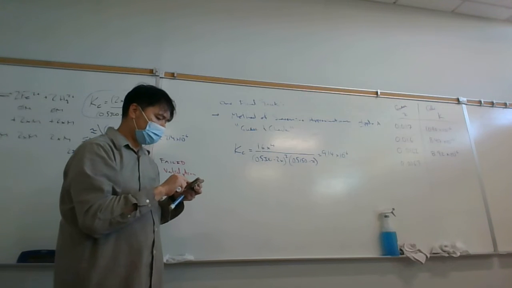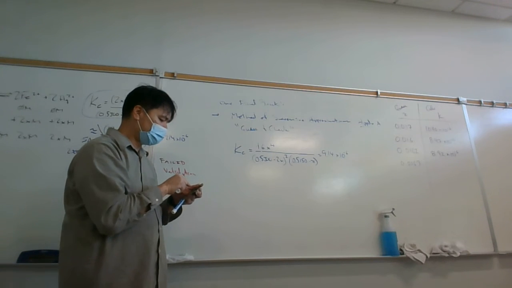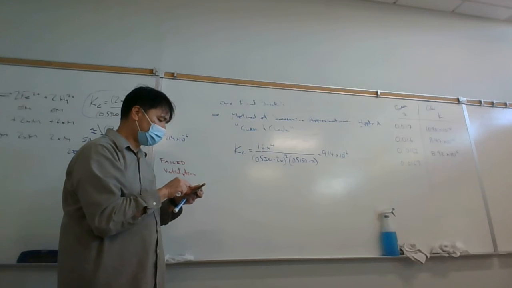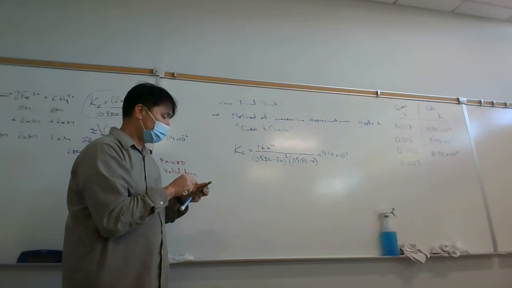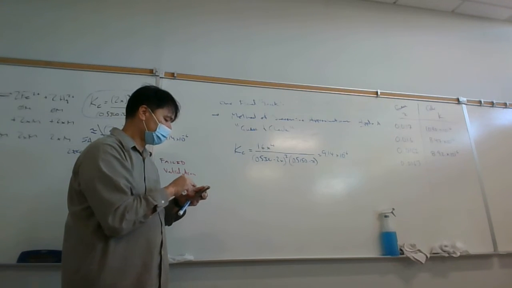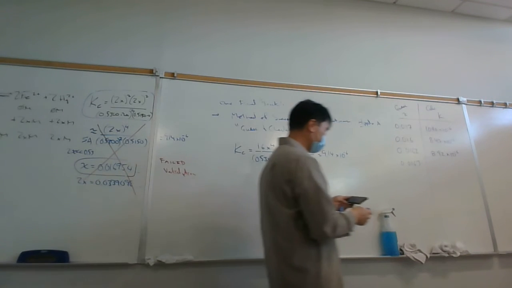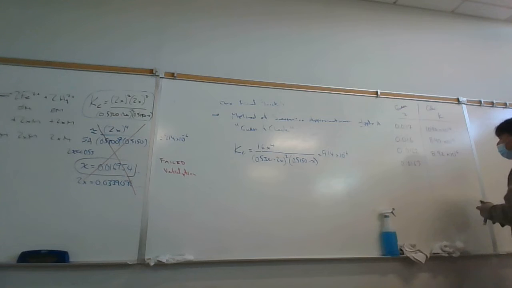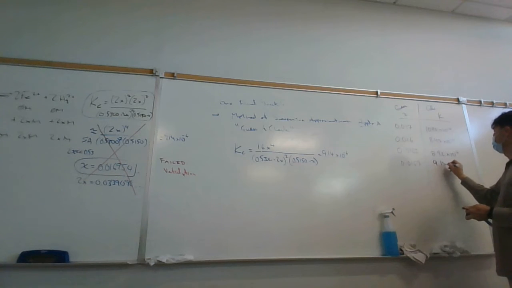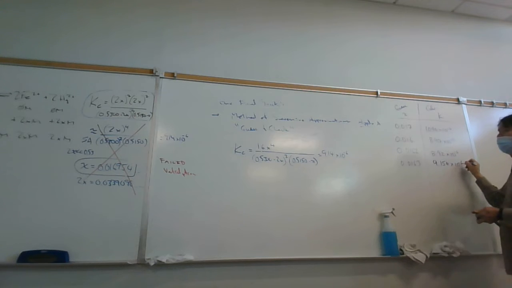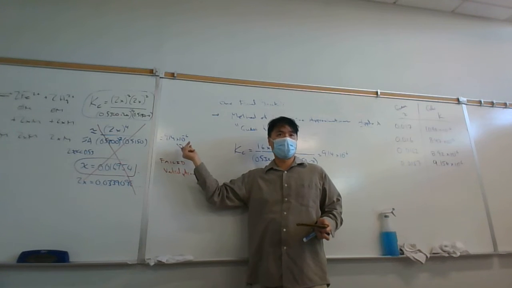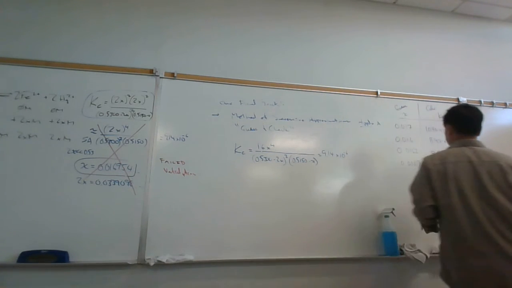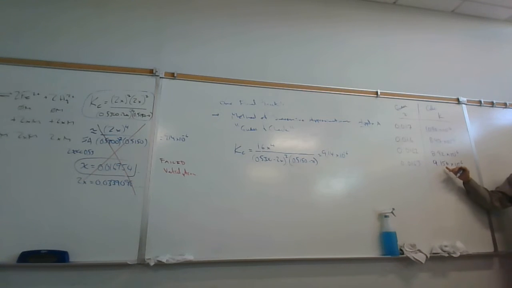That's 0.0326, close parentheses, square that, divided by parentheses 0.515 minus 0.0163, close parentheses, equals 9.154 times 10 to the minus 6. What's it supposed to be? It's supposed to be 9.14. So we're getting pretty close here. It's much closer to 163 than it is 162. So what do you want to do next?